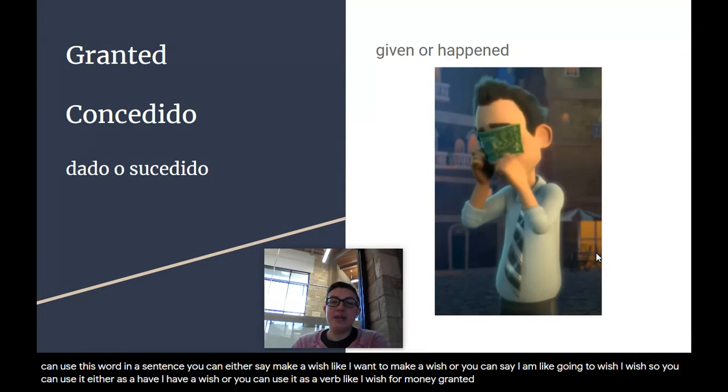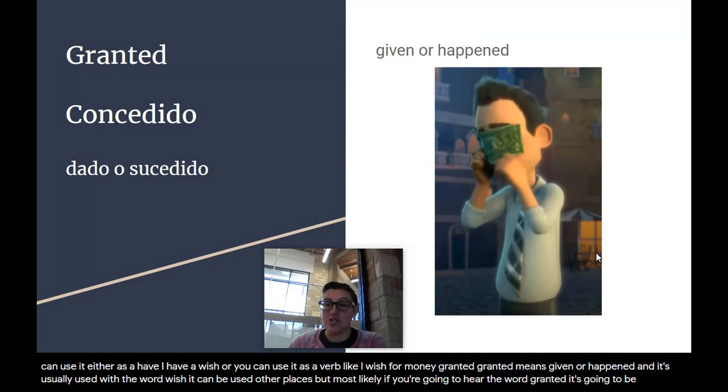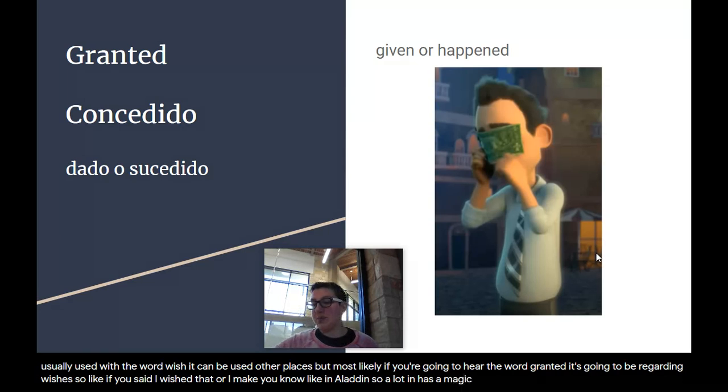Granted. Granted means given or happened, and it's usually used with the word wish. It can be used other places, but most likely if you're going to hear the word granted, it's going to be regarding wishes. Like in Aladdin. Aladdin has a magic lamp.